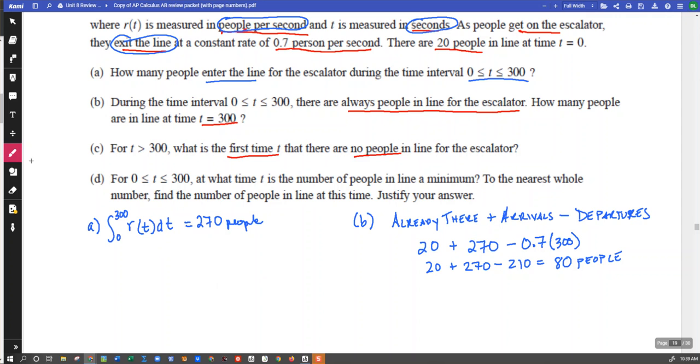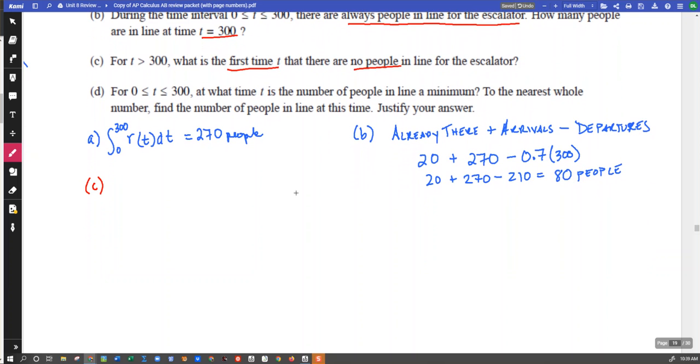Then for part C, let's change the color here so we can distinguish our work. For part C, the first time there are no people in line for the escalator. In minus out will equal our rate of change, and we want there to be no people in line.